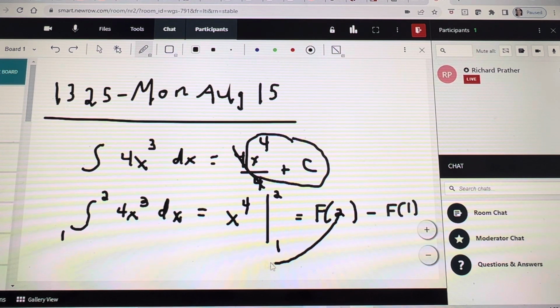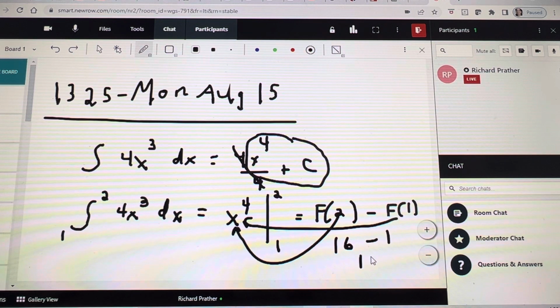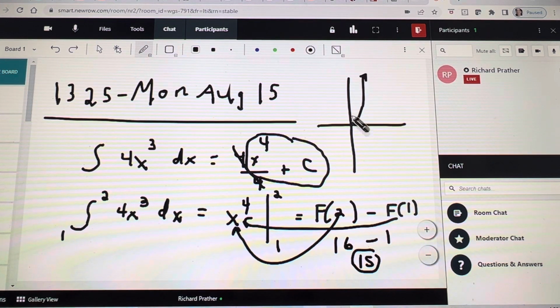So if I plug 2 in right there, 2 to the 4th is 16. And then plug 1 in, 1 to the 4th is 1. 16 minus 1 is 15. And what this represents in a graph, 4x to the third is a cubic graph that's vertically stretched by a factor of 4.